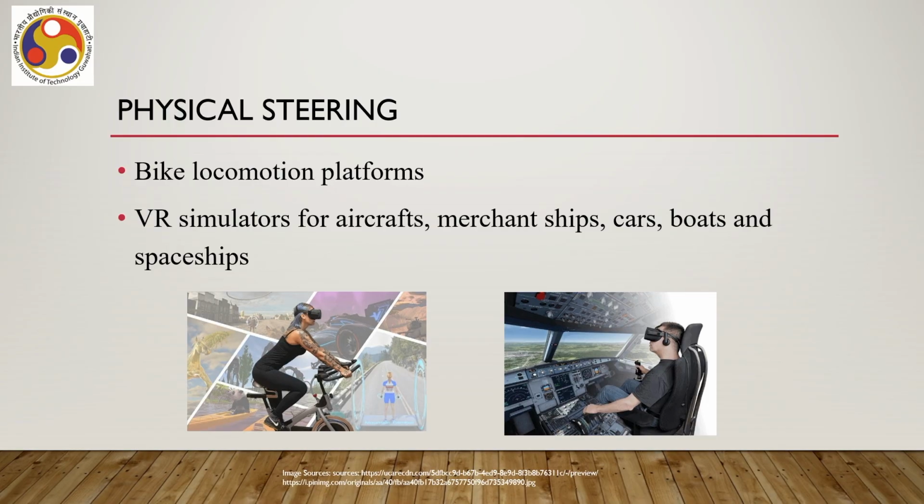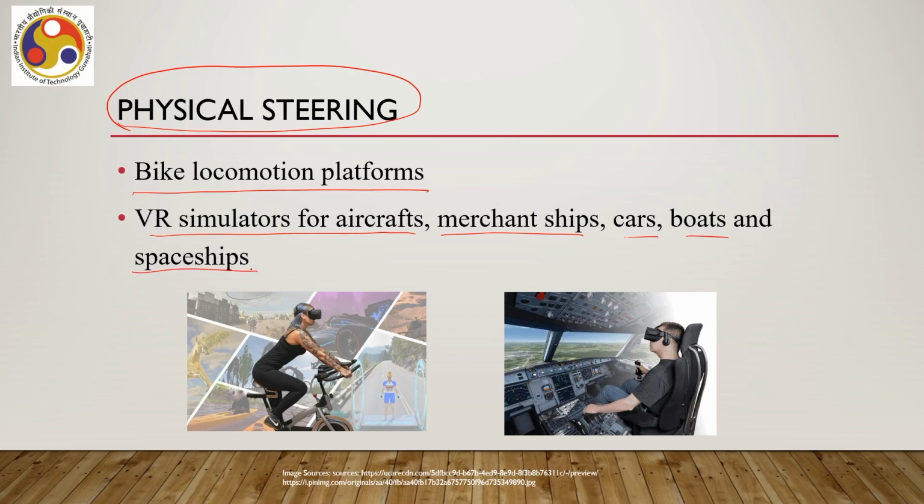As opposed to that, where we are using our body parts like gaze, eye or hand or the whole body, there is a physical steering based locomotion technique category as well, which involves some physical setups, some separate hardware such as bike locomotion platforms, VR simulators for aircrafts, merchant ships, cars, boats, spaceships.